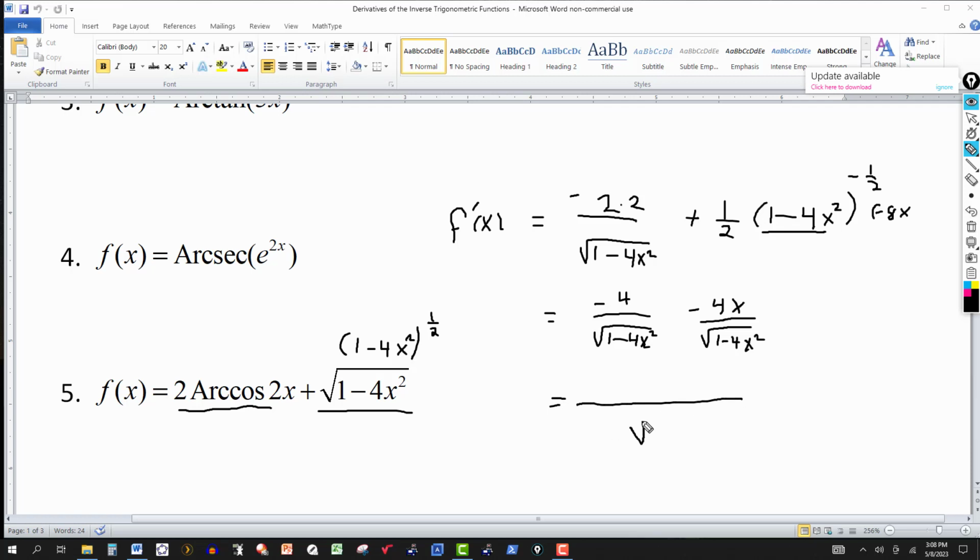So this will be the square root of 1 minus 4x squared. And then on top we'll have minus 4 minus 4x. So we take out a minus 4. And that'll leave us with, in parentheses, 1 plus x. And this is your derivative for the last one.